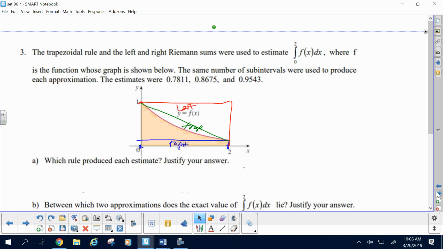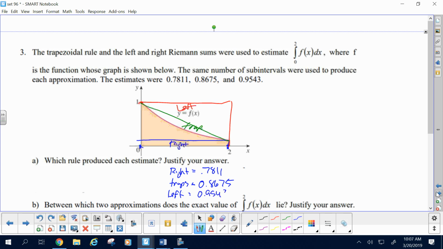All right, in terms of the greatest to the least, which produces the least? Right. So right probably was the outcome of 0.7811. That's the smallest. The next biggest is trapezoids or left. Trapezoids then probably yielded 0.8675, and left hand were the greatest, 0.9543. All right?